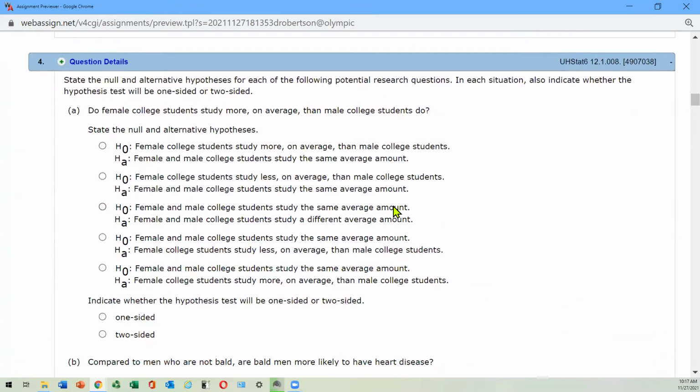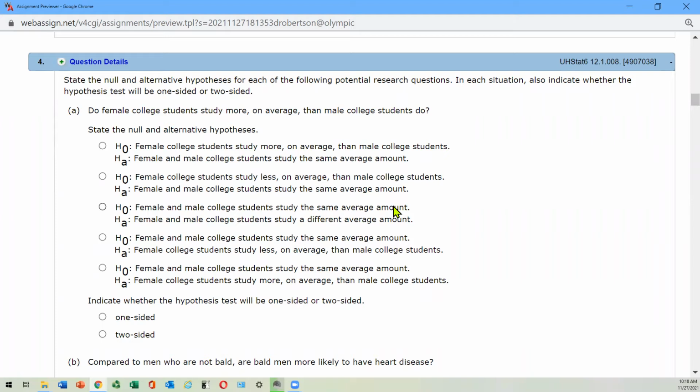Now, the next question says state the null and alternate hypothesis for each of the following research questions. In each situation, also indicate whether the hypothesis test will be one-sided or two-sided.